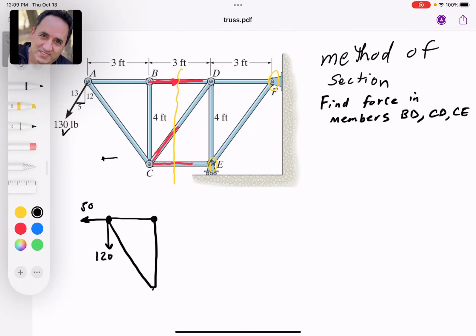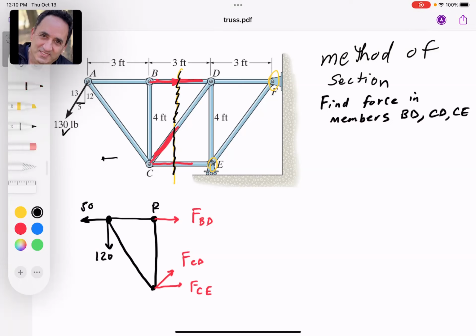All right, and now look, guys, where I cut right here, I would expose force in member BD, force in member CD, and force in member CE. And remember now, why did I show these forces always pointing away from these joints?